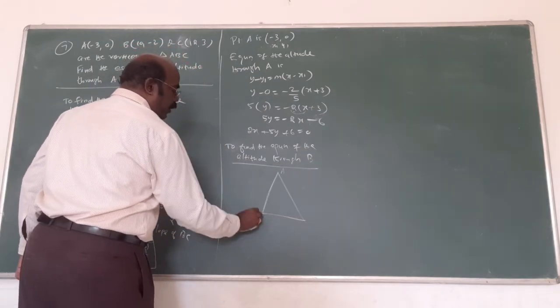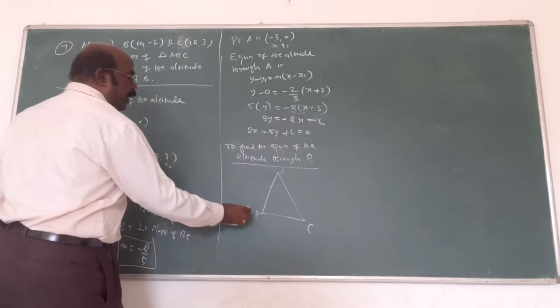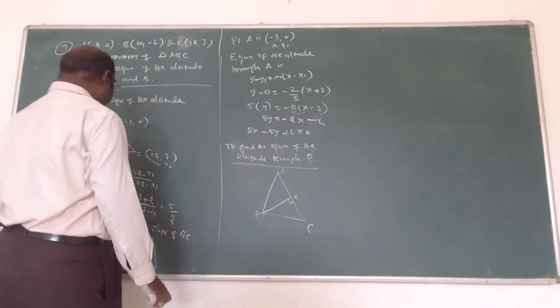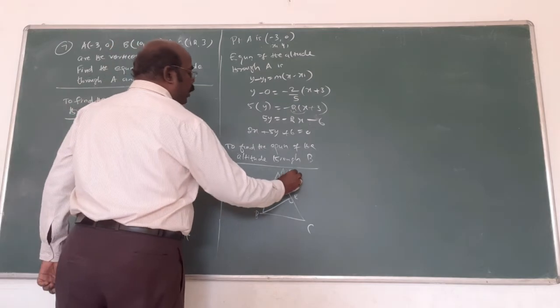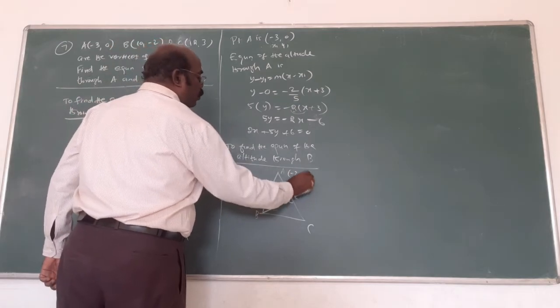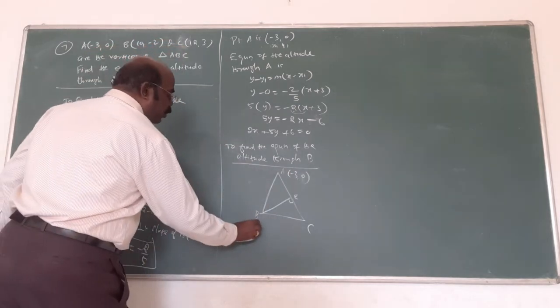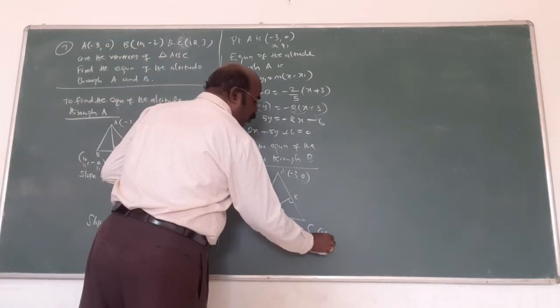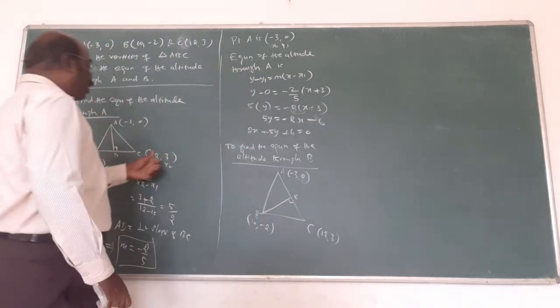A, B, C. Through B means from here to here. This vertical line will be E. Am I right? What is the first one? Minus 3, 2, 3, 0. The second one? Minus 2, minus 10, minus 2. 12, 3.